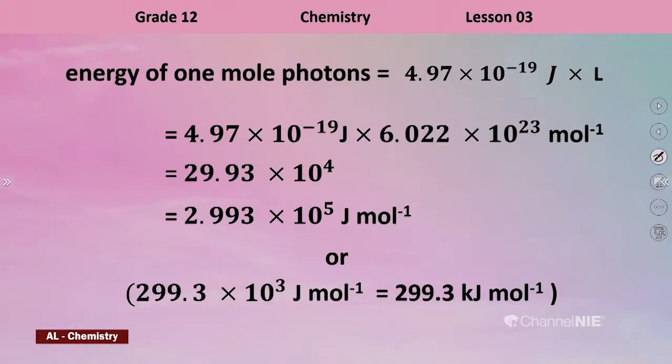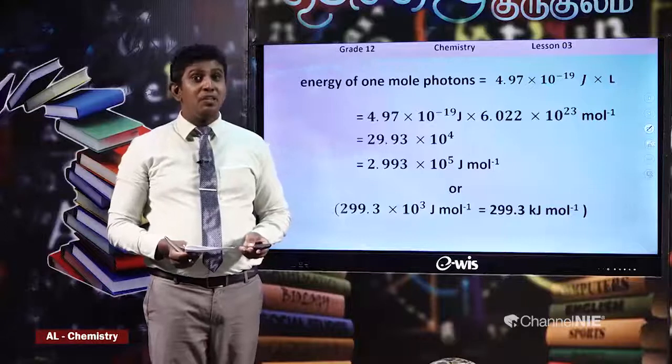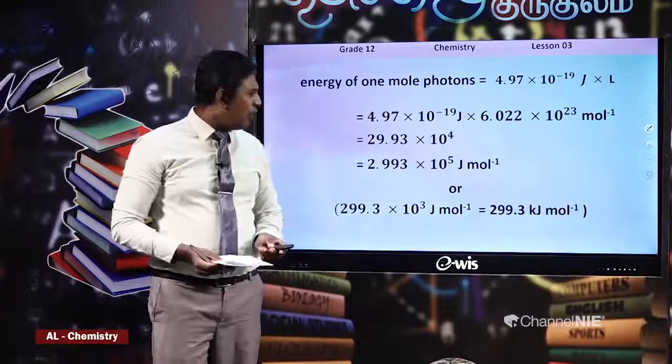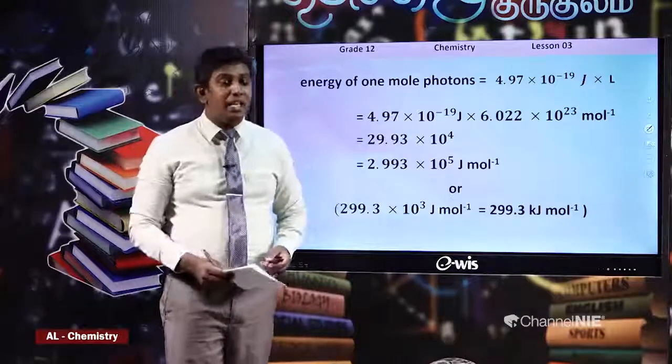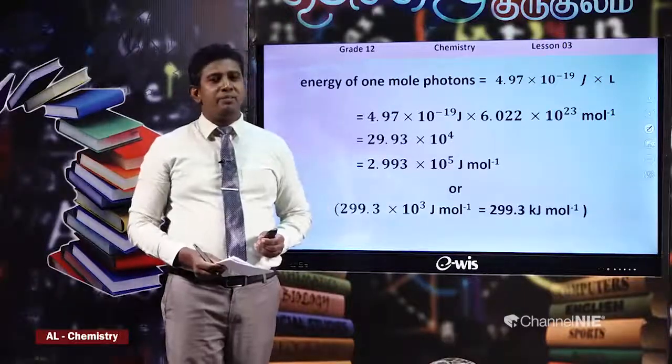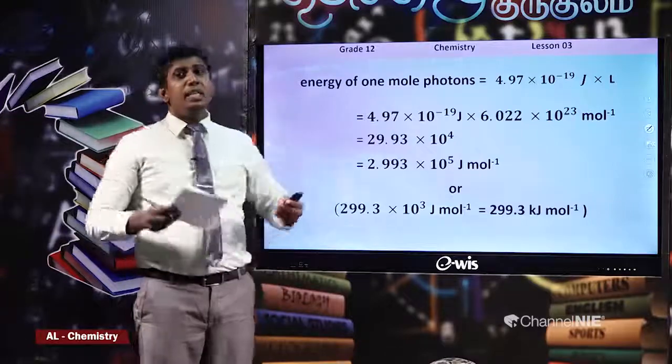I could show you the same here, as it's 299.3. So when you use the calculator and log table, there could be a slight difference that you would reach. So anyway, that is how we could find the answer standing for 1 mole of photons. Okay, let's go to the next point.